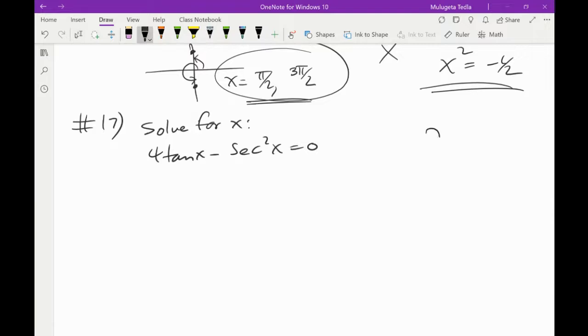I cannot say x equals somewhere unless I make them the same function and then solve for x. Before I find x, I have to resolve the functions. The functions are tan and secant, so I think it's very smart to change secant squared of x into a function of tan.